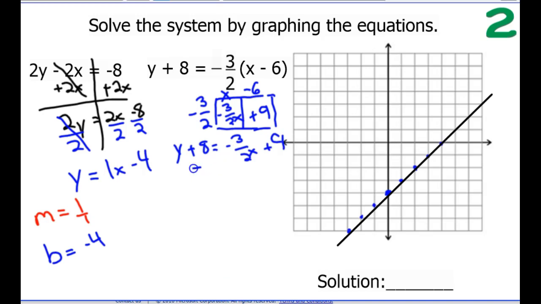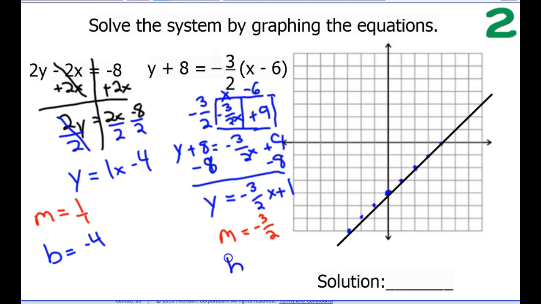To get y by itself, we need to subtract 8 from both sides. What we get then is y equals negative 3/2 x, 9 minus 8 is positive 1. So our m is negative 3/2. Our b is going to be 1.